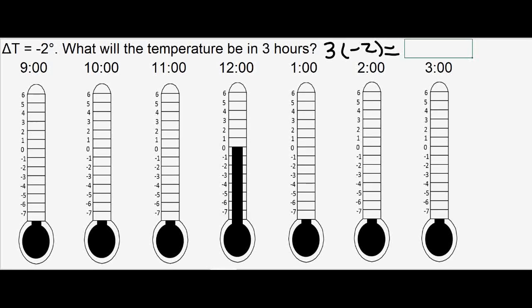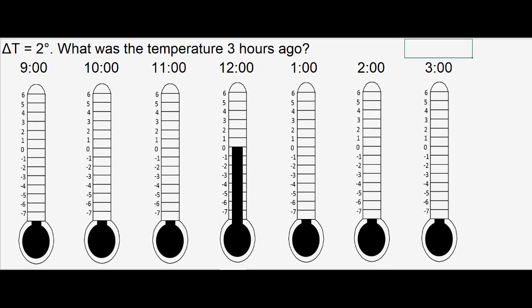And if we think about it, we go down 2, we go down 2, and we go down 2. So 3 times a -2 is going to be -6. So positive times a negative is -6, or is a negative number.